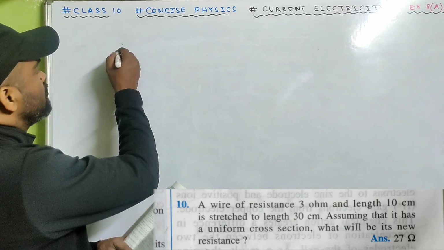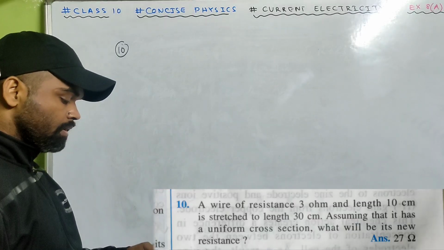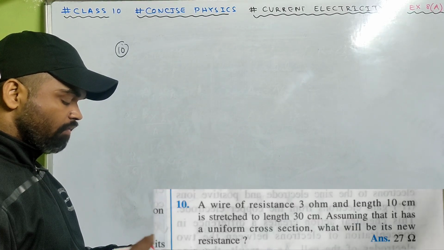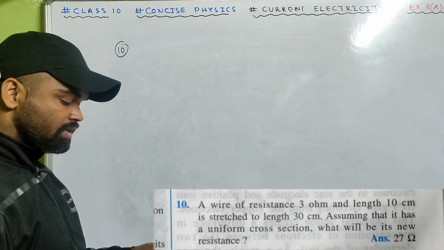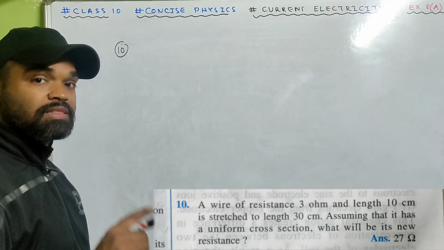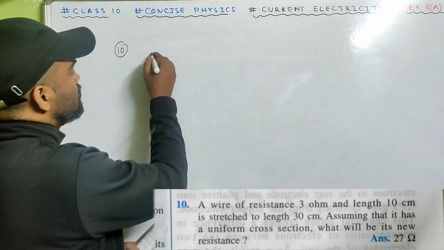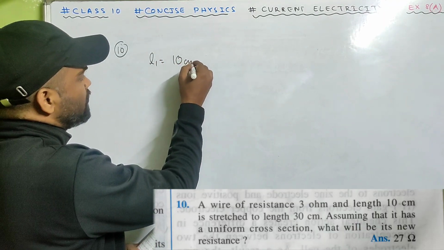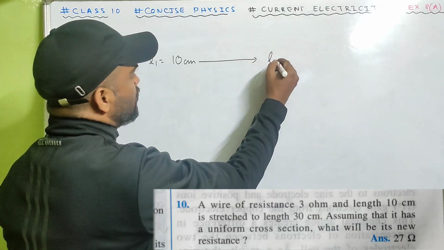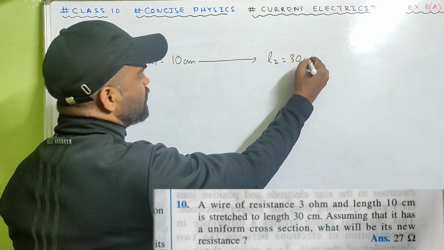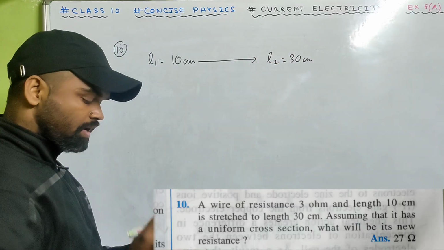Let us look at number 10, what they have told. A wire of resistance 3 ohm and length 10 centimeter is stretched to length 30 centimeter, which means length was 10 centimeter, you stretch it and the length becomes 30 centimeter. Okay?